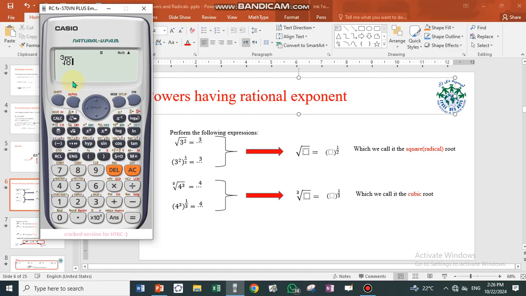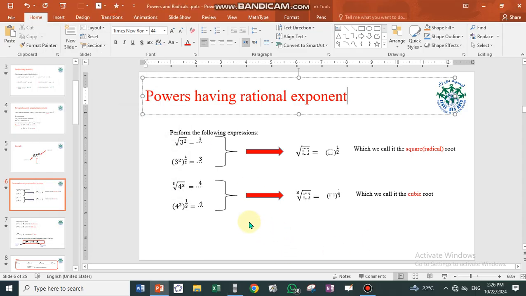So it will be what? If you think about 8, you can write it as a power of 3. So it is 2 exponent 3, right? So it will be 2. I can explain it in another way. If you write the cubic root of 8, actually 8 itself is 2 power 3.